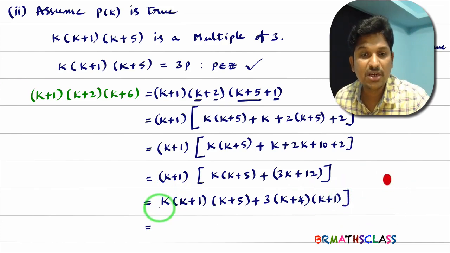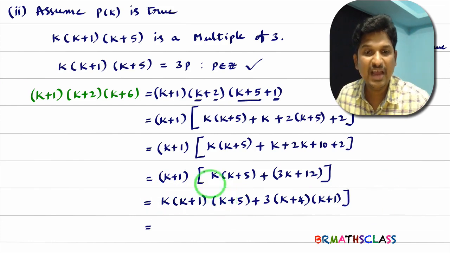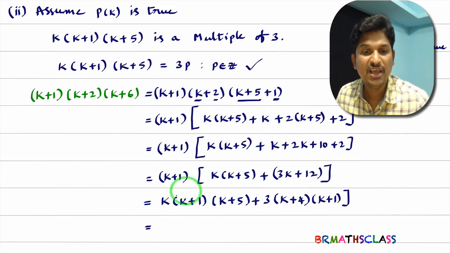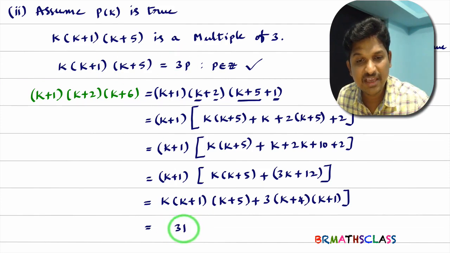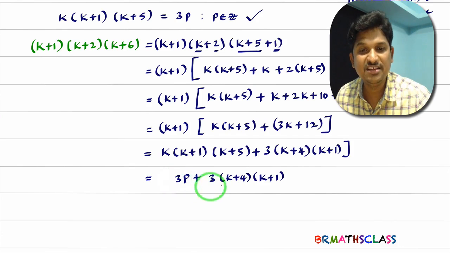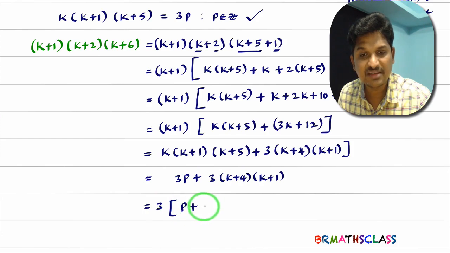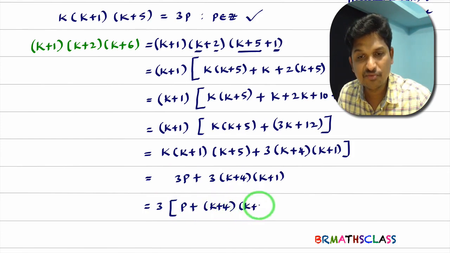So you observe here, k into k plus 1 into k plus 5. To get this, I did this type of simplification. k into k plus 1 into k plus 5 is what? This is 3p plus 3 into k plus 4 into k plus 1. You can see this step. In this term 3 is there. In this term also 3 is there. So you take 3 common. What will you get? p plus k plus 4 into k plus 1.